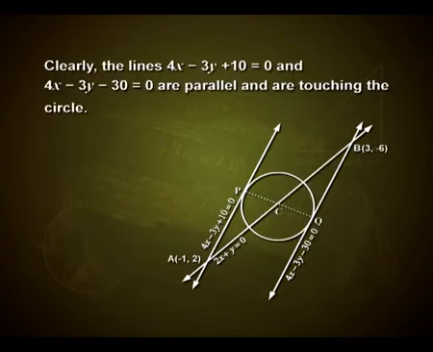Clearly, the lines 4x - 3y + 10 = 0 and 4x - 3y - 30 = 0 are parallel and are touching the circle.